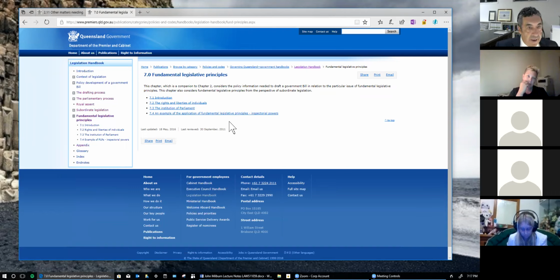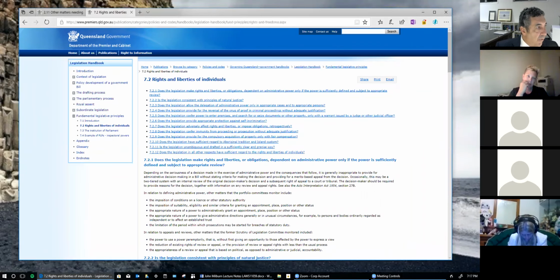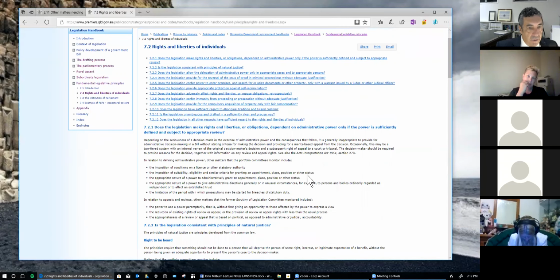So if we look at, for example, the rights and liberties of individuals, it provides a statement about a number of common law rights which must be considered by legislation makers in the context of how the common law issues are dealt with when creating statutes. And you'll see there that there are certain rights, for example, that legislation must be consistent with principles of natural justice. There's then the legislation provides appropriate protection against self-incrimination, that's number 6.